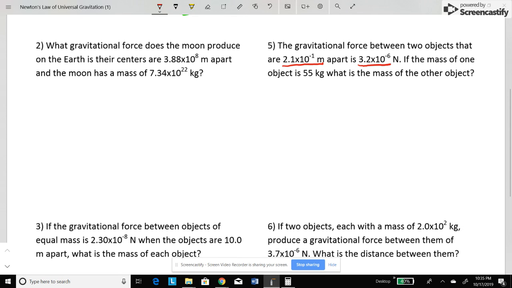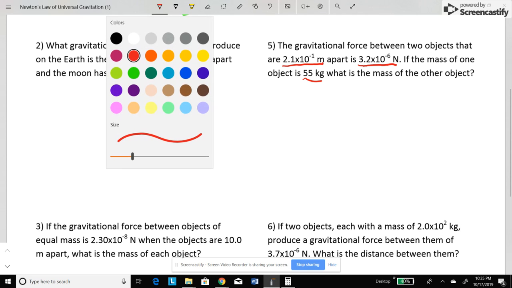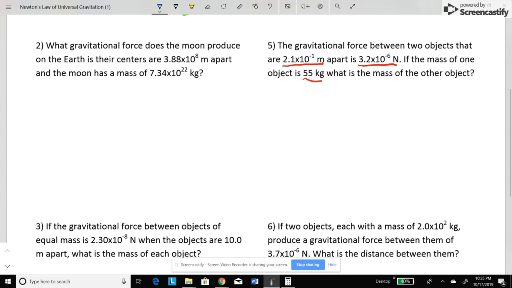This is the total of the force. The mass of one object is 55. What is the mass of the other object? So I'm just gonna write my formula out. Let me erase that. My gravitational constant.